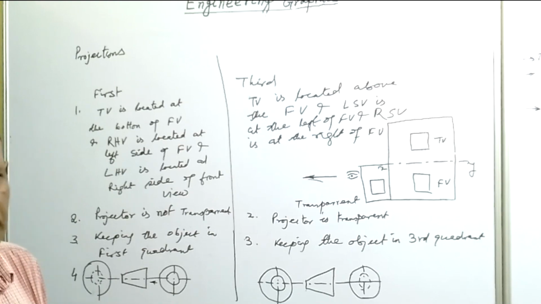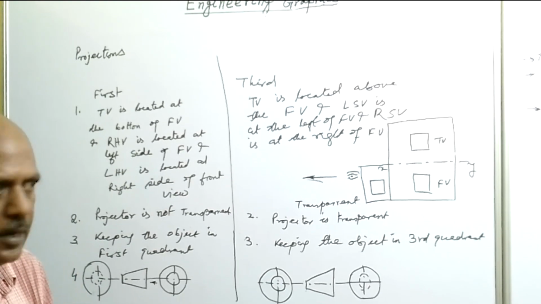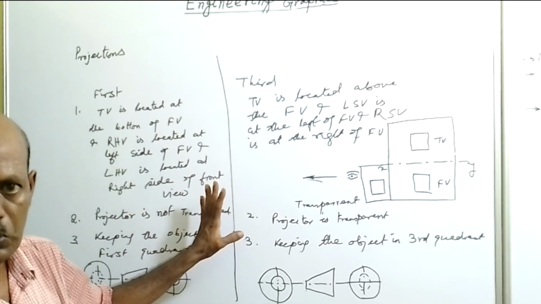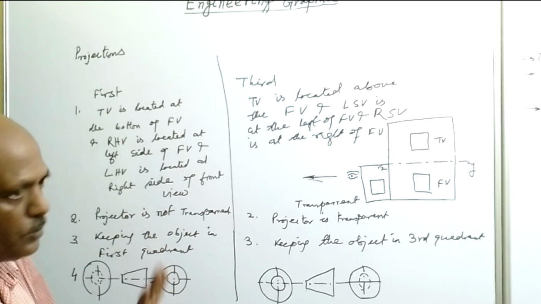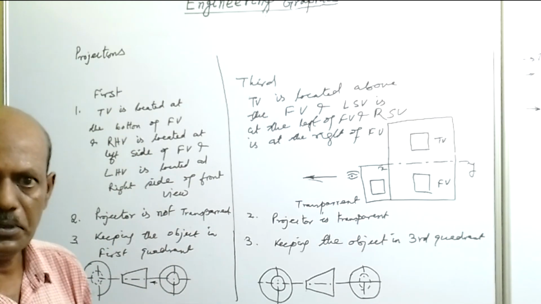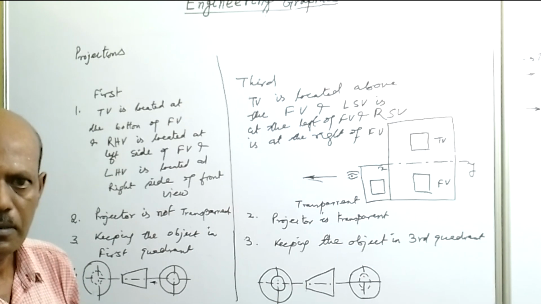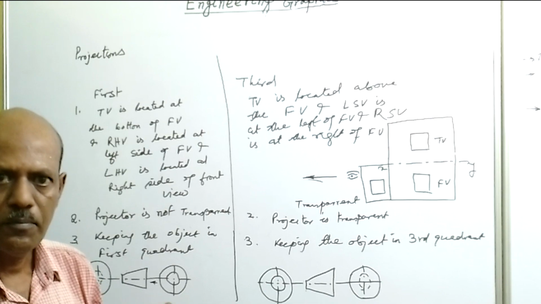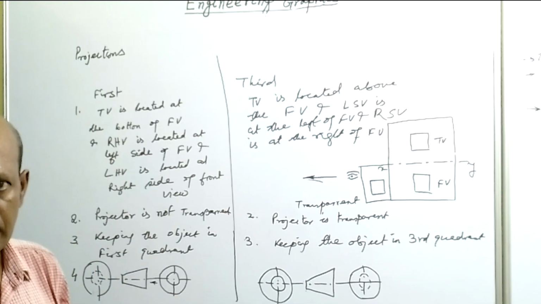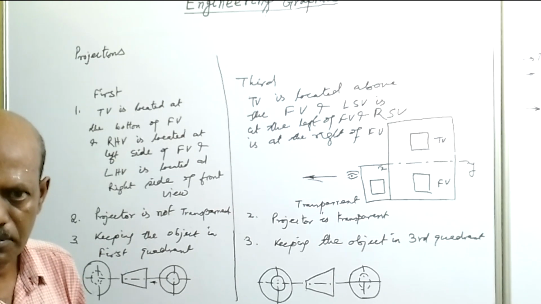Okay, I hope with this the idea of first angle and third angle projection is clear, and the comparison between these two angle projections. We can draw the object by using second angle and fourth angle projection also, but because of overlapping there will be confusion. That's why second angle and fourth angle projections are not used in practice.